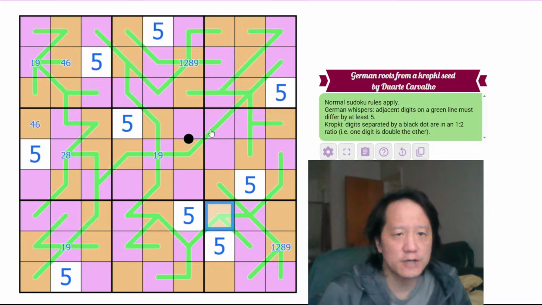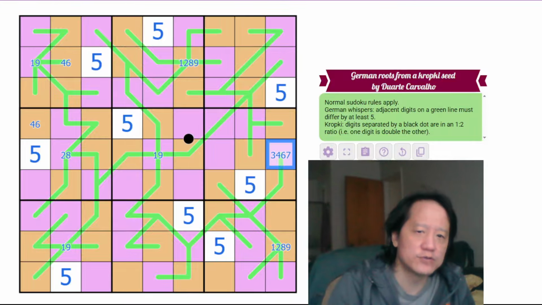What else do we have? This is next to 2 unique digits. This is next to 1, next to 2. This... Hmm. This digit is either 3, 7 or 4, 6 here.